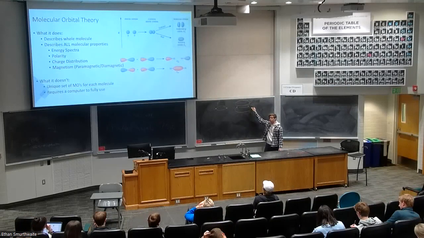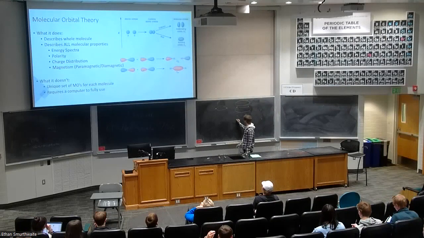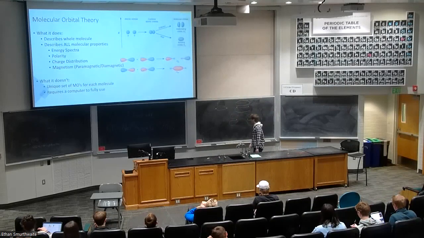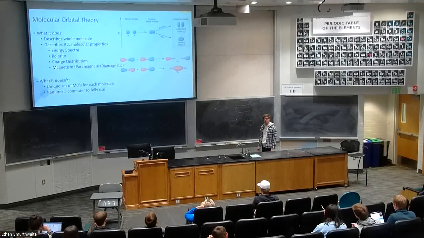The same thing, it's above and below. This is bonding. You could also have anti-bonding, which looks like the same thing, but with a node in the middle to indicate that it's anti-bonding. Okay, does that make sense?